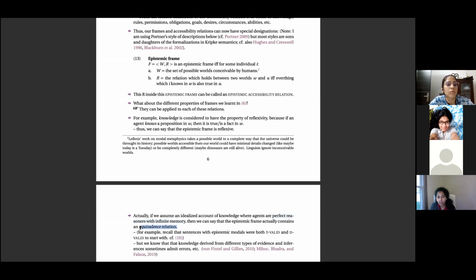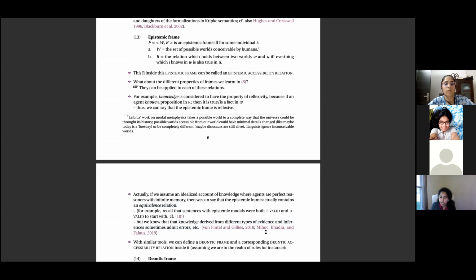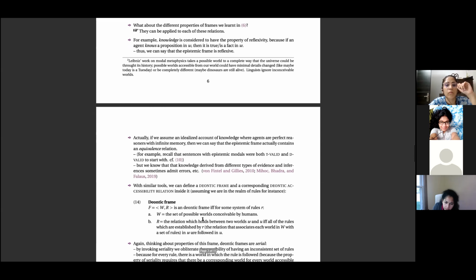Then you can say that the epistemic frame for knowledge actually has an equivalence relation, where it's reflexive, symmetric, and transitive. Those relations will all hold. But we know that knowledge derived from different types of evidence and inferences can sometimes admit errors. Bonfim and Gillis is a good example of that. Recently, I've done some work with the Romanian epistemic future, where inferences can often admit errors, and it's grammaticalized in the language.